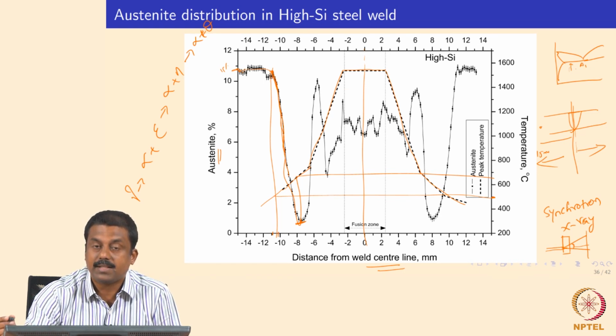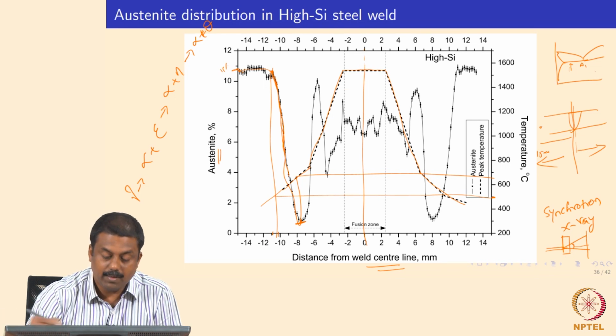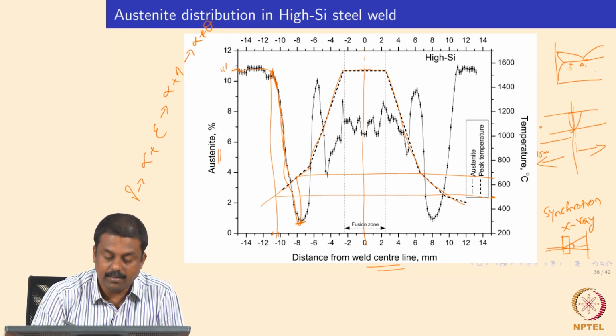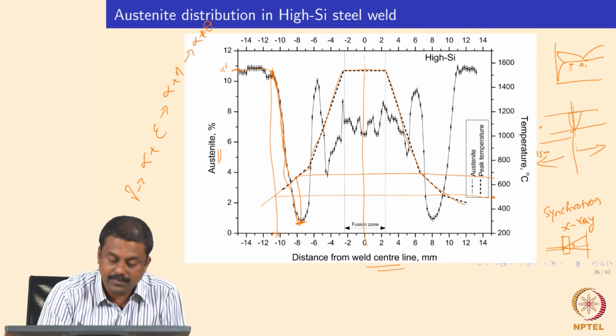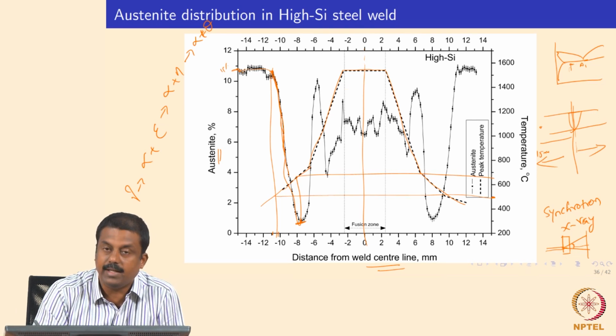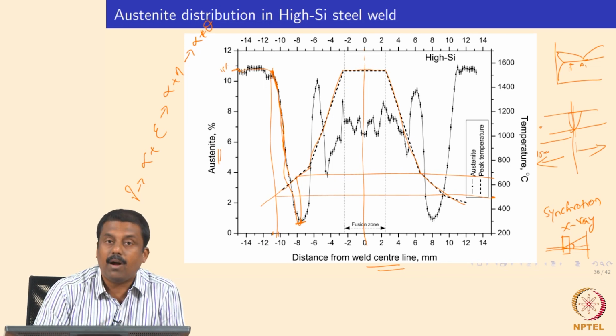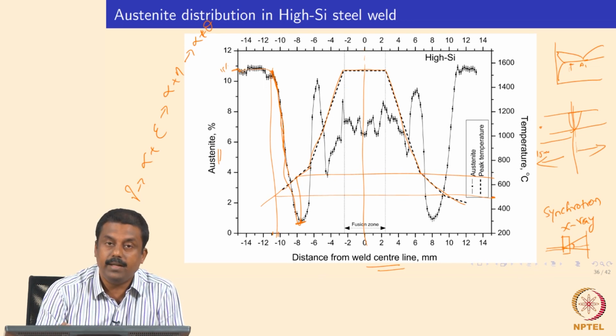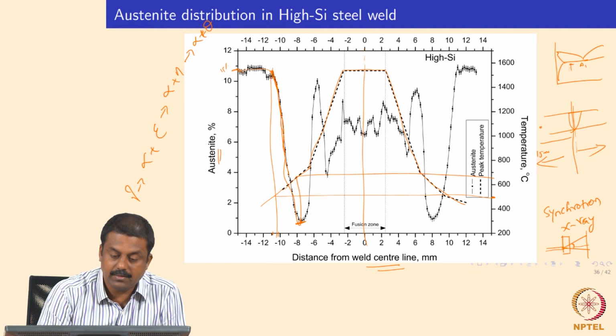Only the retained austenite present in the microstructure starts decomposing, leading to the formation of ferrite and cementite. When the temperature is just below A1, say around 650 to 700 degrees centigrade, all the austenite in the microstructure is completely decomposed. That's what it shows over here.